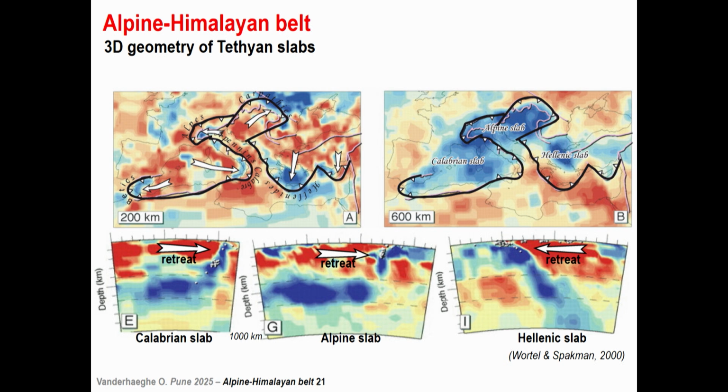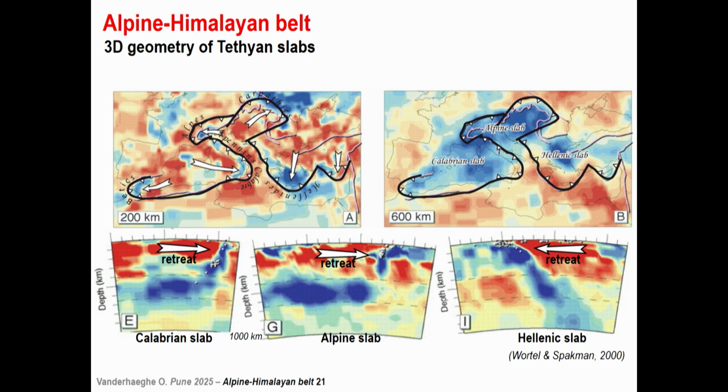And this gives a map of blue when it's faster than the reference model, and red when it's slower. And geophysicists say that when it's blue, it's because it's stronger, colder, and thus resembles the lithosphere. And when it's red, it's weaker and hotter, probably the asthenosphere.